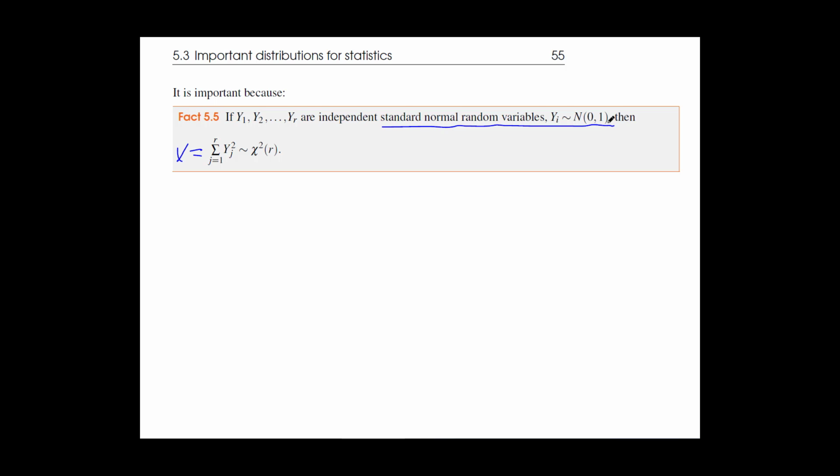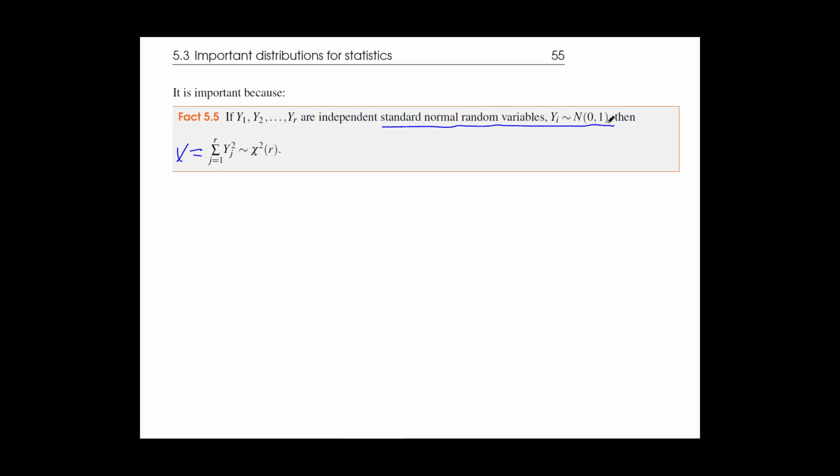It's whenever you add up r independent standard normal random variables and you square them, so it's a Y squared. That's the function g in this case, the sum of the squares of all these random variables.